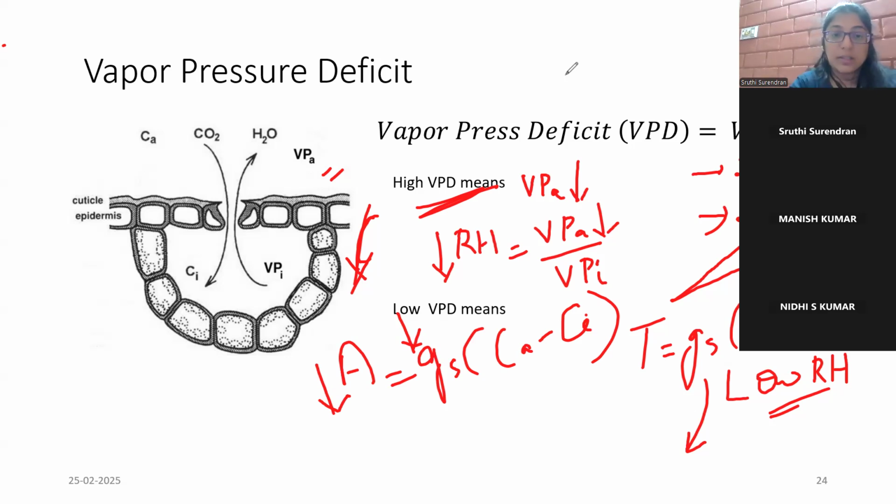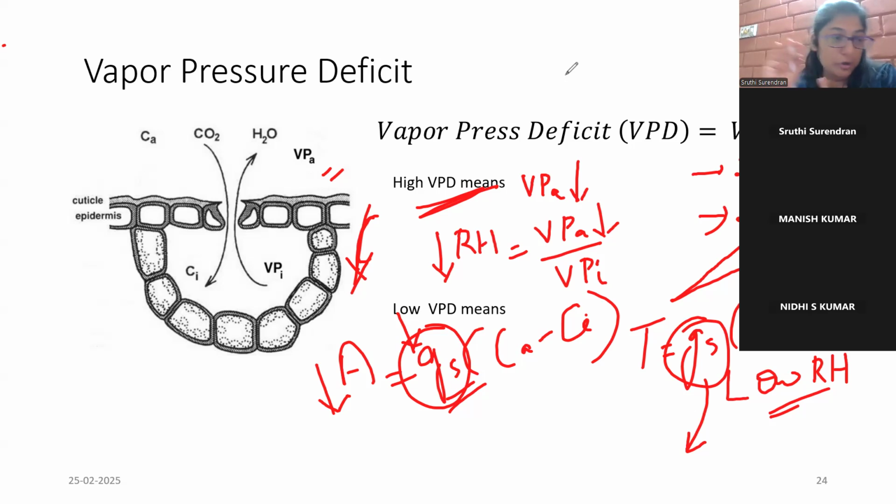So in order for photosynthesis to not decrease as a result of the reduced stomatal conductance, we have equations that will help in finding this optimum value. What is the stomatal conductance, or the opening of the stomata, so that photosynthesis is optimum, whereas the transpiration is also not too high?